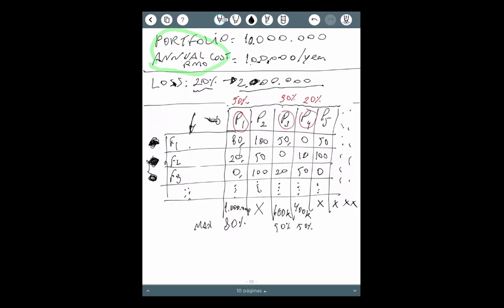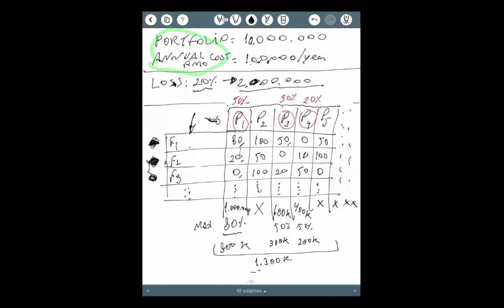So 80% of 1 million means 800,000. 50% of 600 means 300,000. 50% of 400 means 200,000. When I sum these numbers, I have 1,300,000.